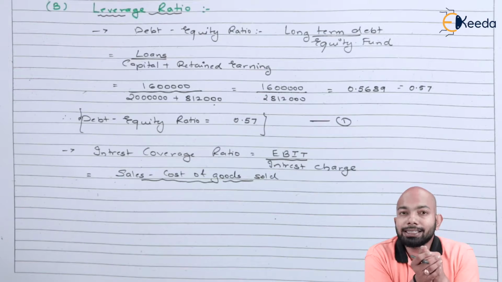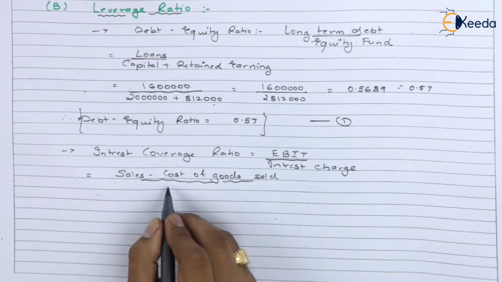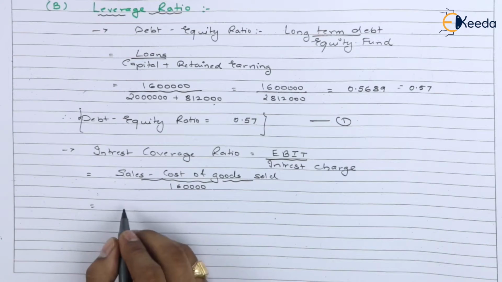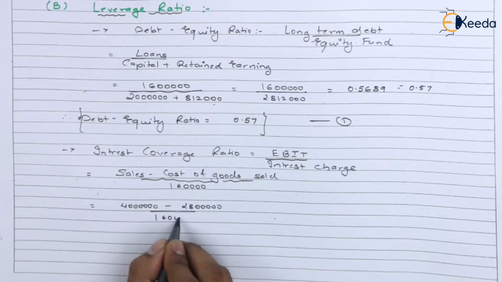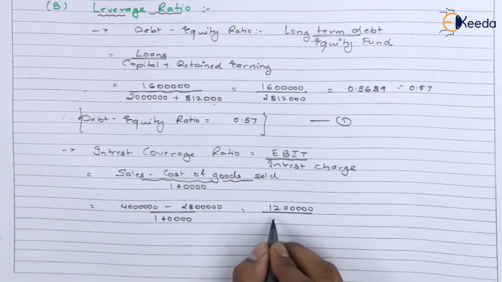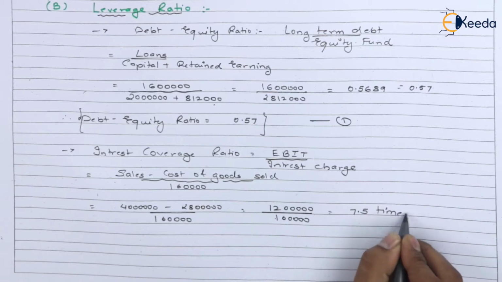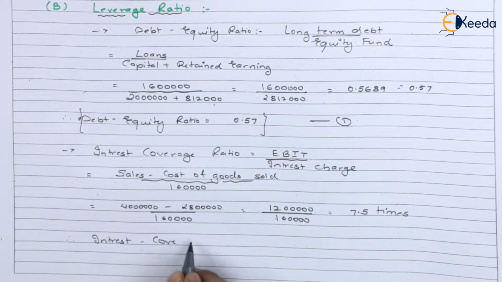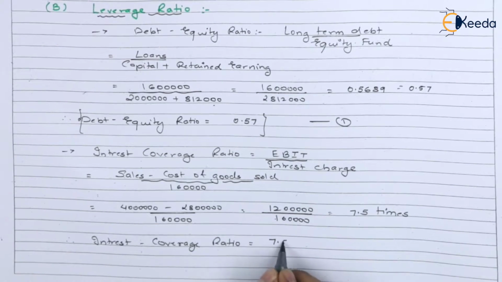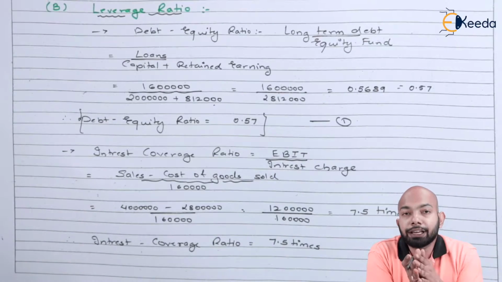The denominator is interest charge, which has been already mentioned in the profit and loss statement, that is 1,60,000. So the interest coverage ratio that has been figured out is 7.5 times.